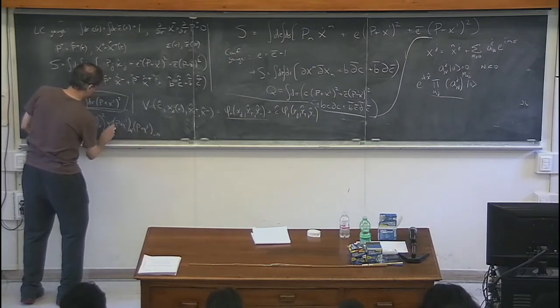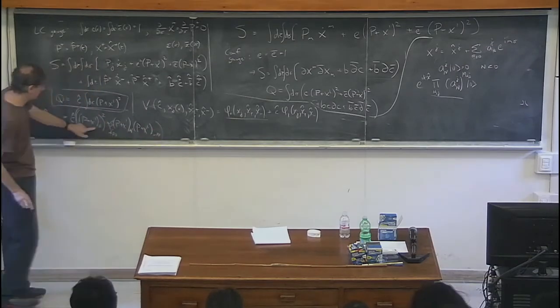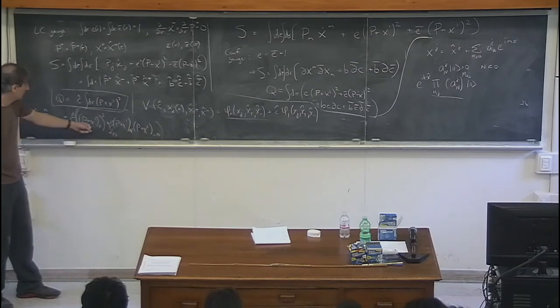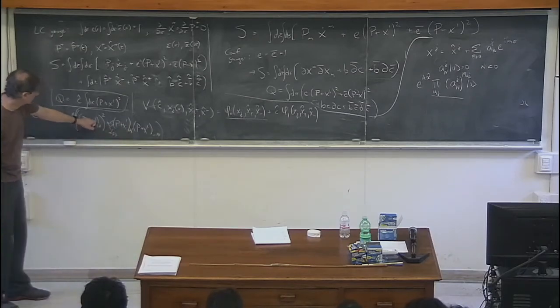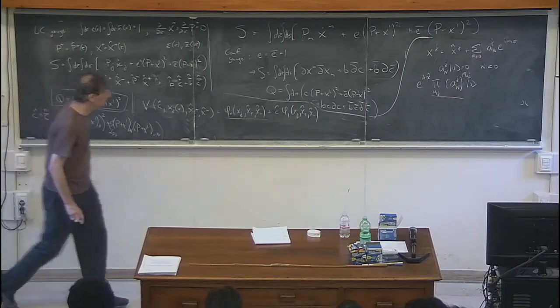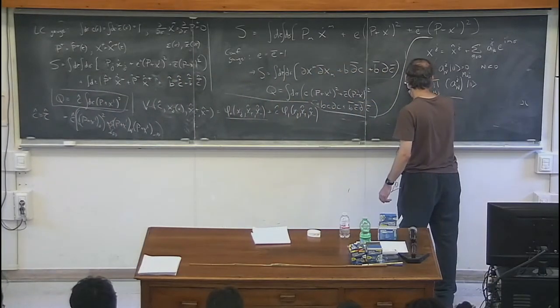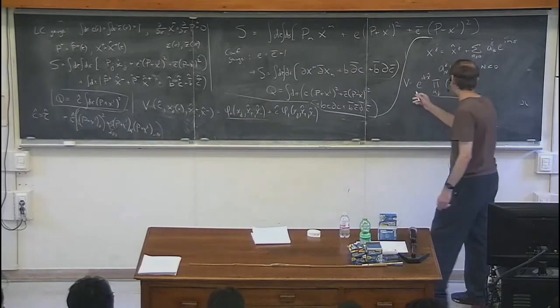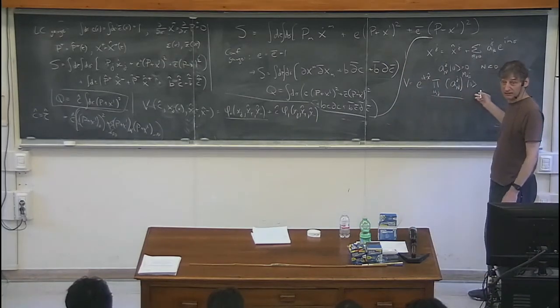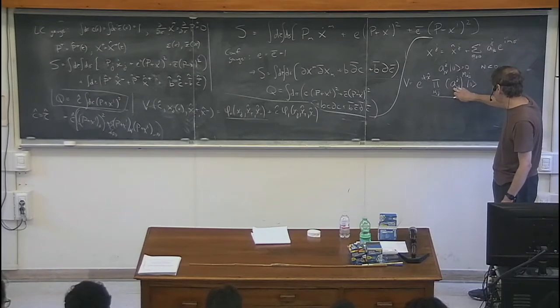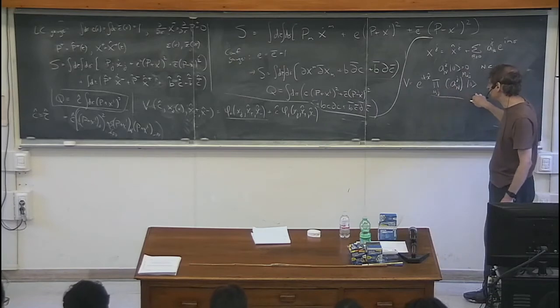Sum over N different from 0. So I just separated out the zero mode part from the non-zero mode part. Now the zero mode part, of course, this just is going to give me just k squared. So if we call this V, so this is actually just one state in V. Obviously, V has all different states depending on what these capital M's are. But this is a possible V.